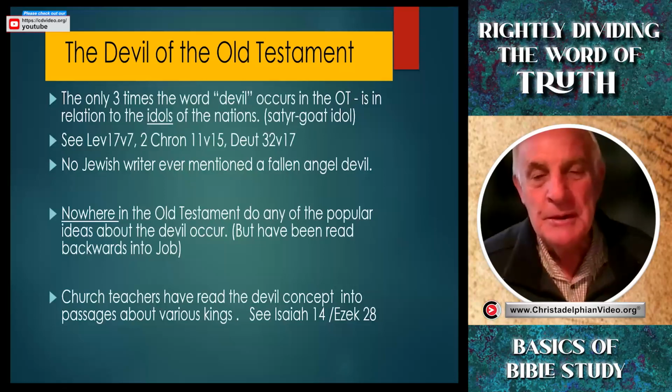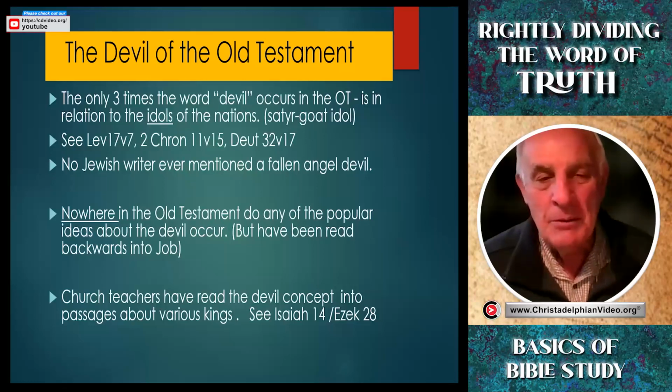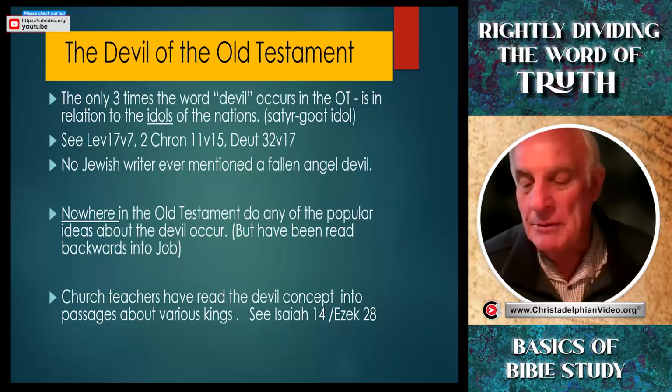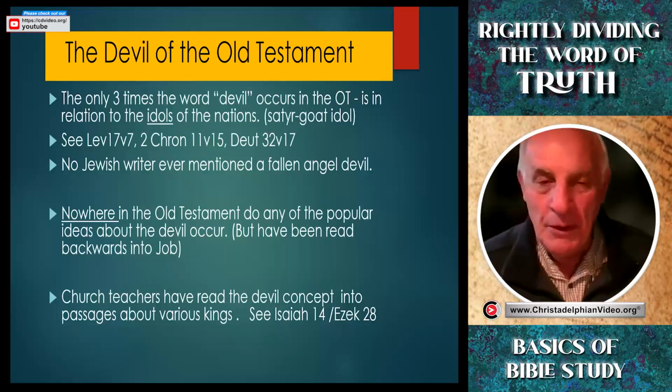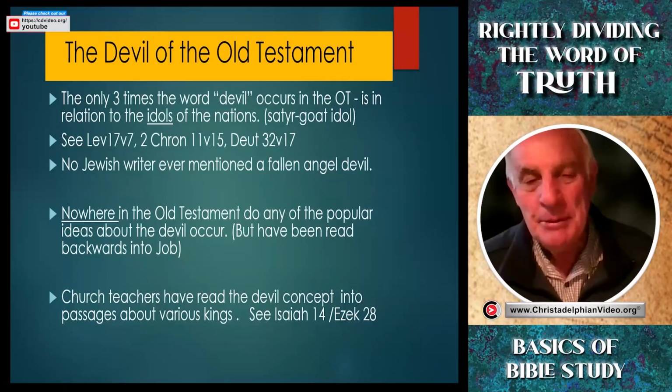They worshipped goats, and the references are all to that particular worship of that goat god. It should have been translated as satyr or an idol or something like that, but they put in the word devil because they thought it was a good place to put it, and it gets into the Old Testament. But they have got nothing to do with the concept of the devil which the churches generally believe.